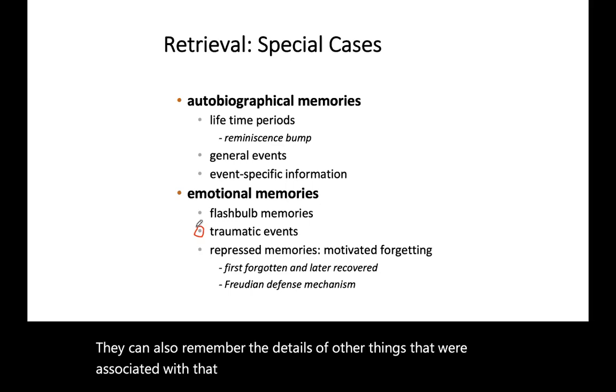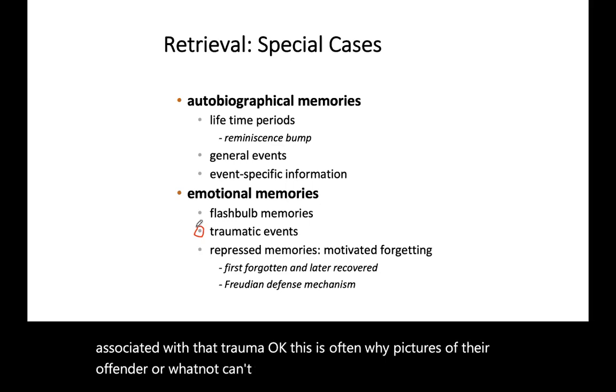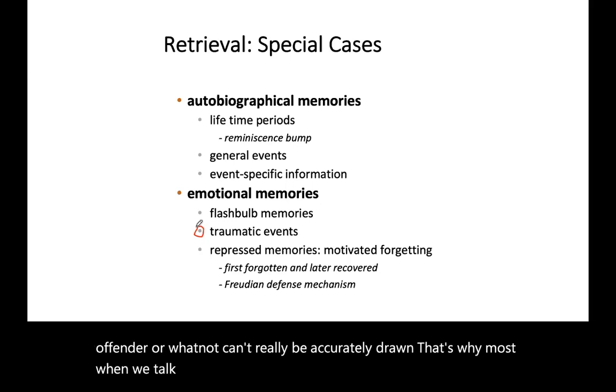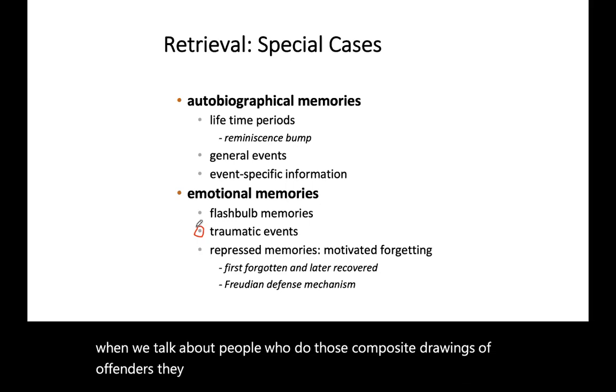Okay, this is often why pictures of their offender or whatnot can't really be accurately drawn. That's why, when we talk about people who do those composite drawings of offenders, they usually don't just use one person's memory of it.